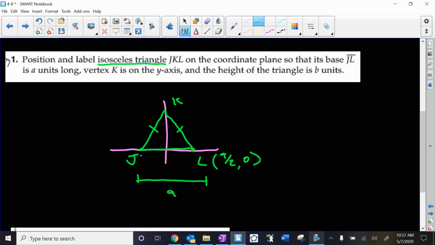And then for J, if I went half over to L, then I have to go the other half, but I went left, so we're going to say that this is negative A divided by 2, comma 0. It told me put vertex K on the y-axis. Well, I did that. That's good. And the height of the triangle is B units, meaning I went up B. I didn't go over any, so 0, comma B. And there's your position of your triangle.